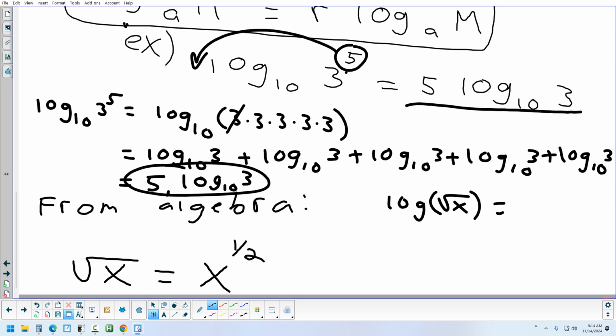Be 1/2 log x. Yes. So this is really x to the 1/2 power, and that 1/2 can move in front. Because anytime you have an exponent on an argument, it can go in front. And that's important, and that's something that sometimes people get tripped up on. When they see a root in the argument, they forget that that's really an exponent.